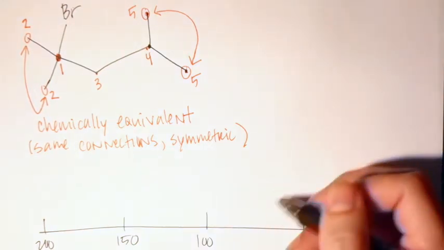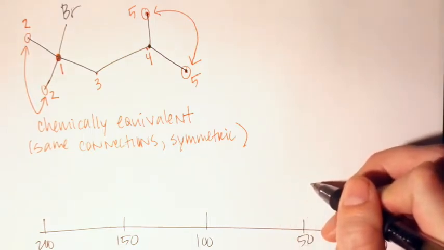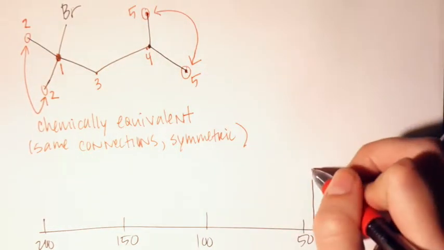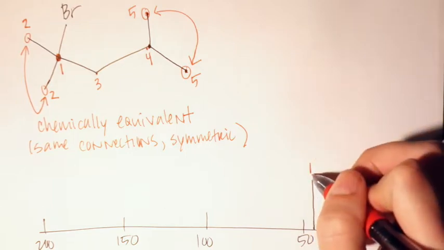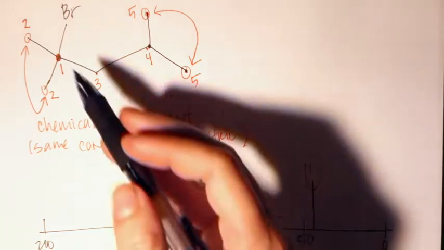So the rough number is all you're looking for, but you would expect that one to be more downfield relative to the other ones. That's all that you really care about. So carbon 1, peak 1, might be somewhere around here. And then all the other ones will be more upfield relative to it. Okay, so then we'll just go in this order.